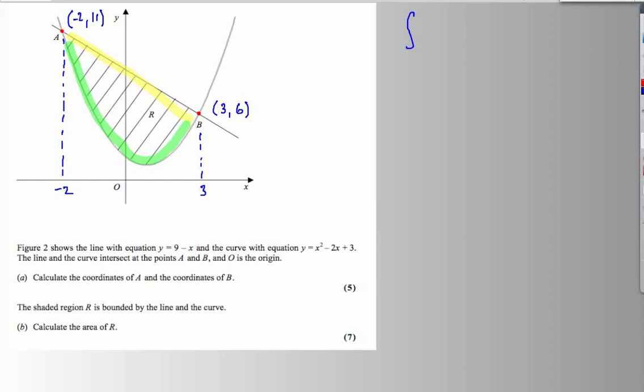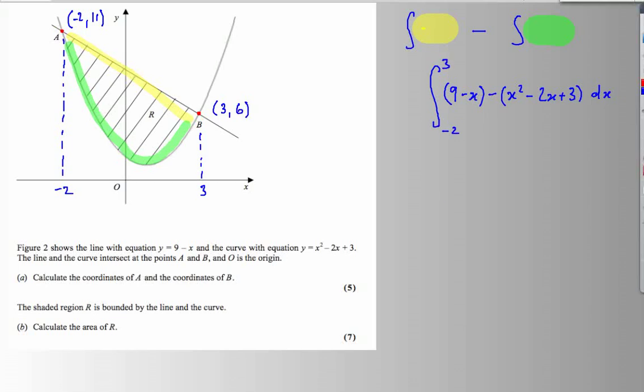Integration of the curve above minus the integration of the curve below, and in the end what that will give me is one single integration, an integration of the curve above, 9 minus x, I'll do it all together, minus the curve below, and if I do this between minus 2 and 3, I will get what I need.